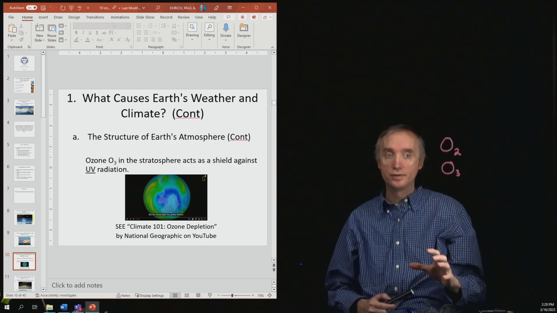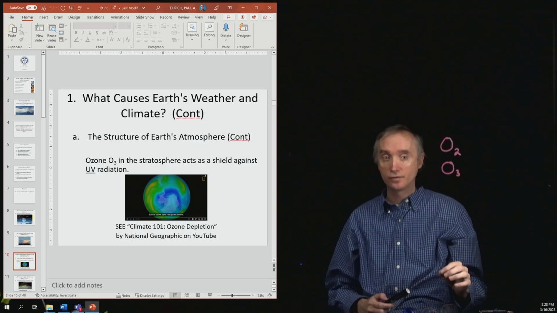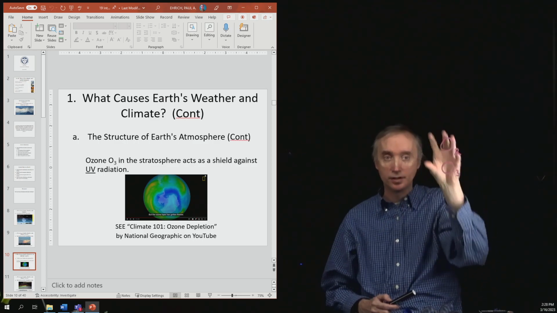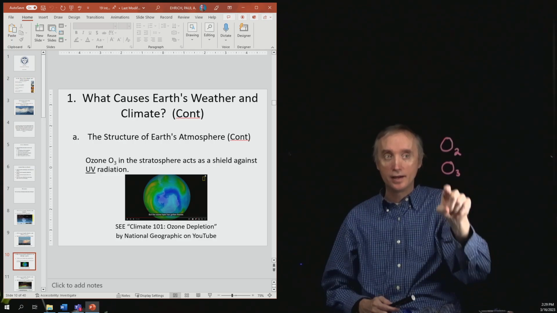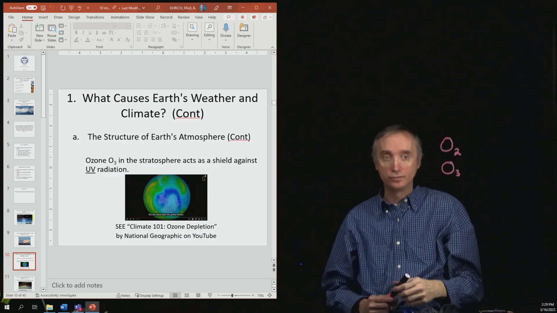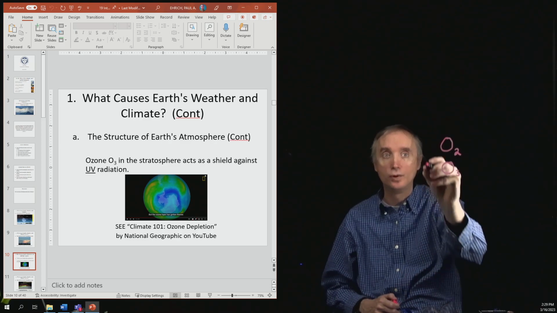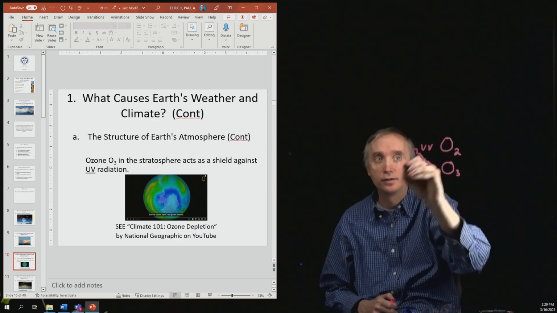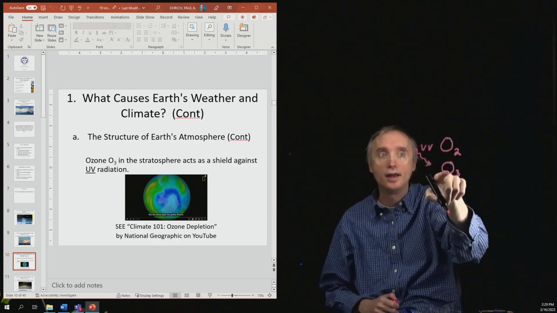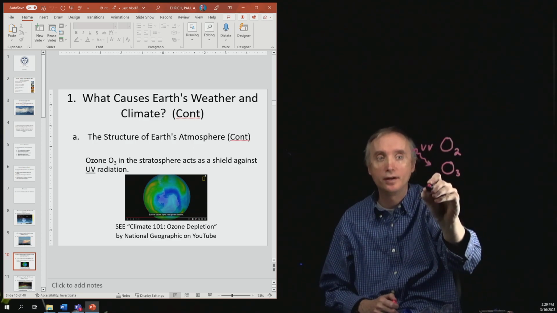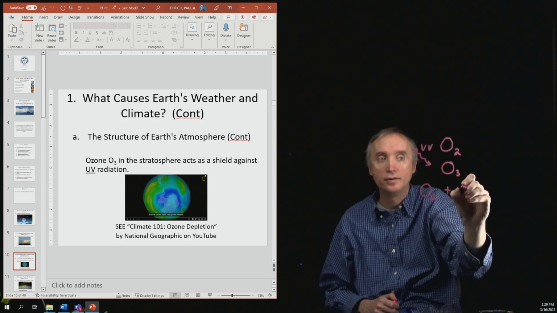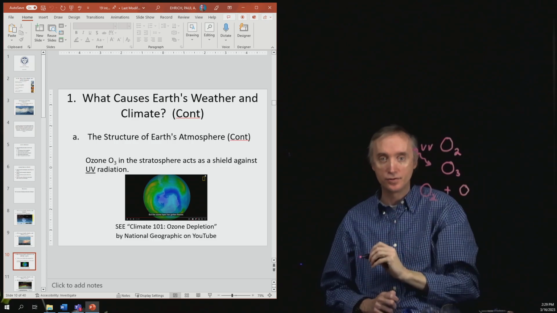What happens up in the stratosphere is ultraviolet light comes in from the sun and strikes the ozone layer. When that UV light hits the ozone, it breaks it up into O2 and another atom of oxygen.